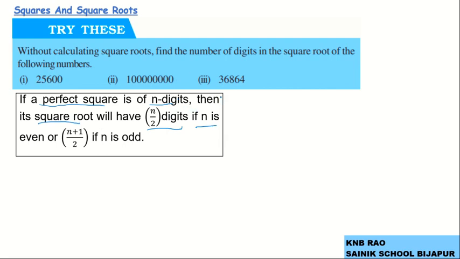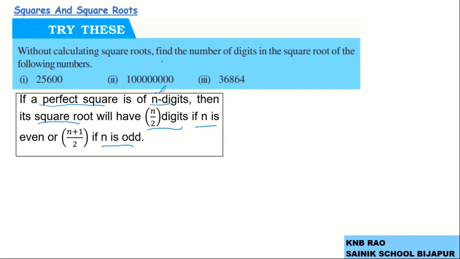That means if the number of digits in the perfect square is even, then n by 2 digits will be there in its square root. If n is odd, then the number of digits in the square root of that perfect square will be n plus 1 by 2.